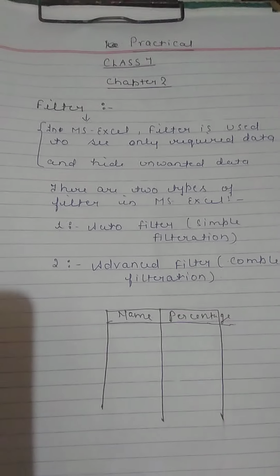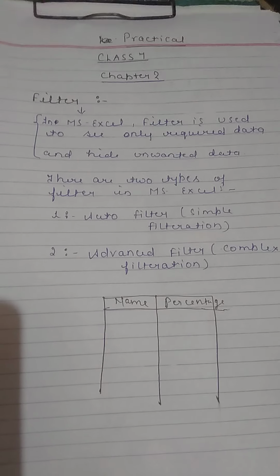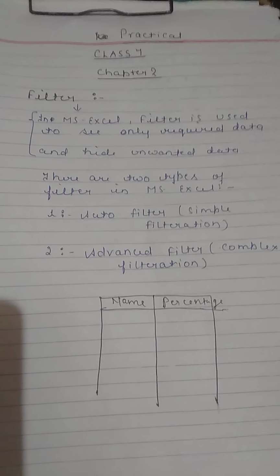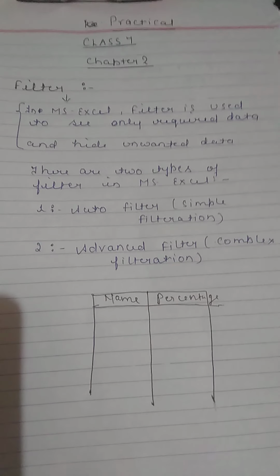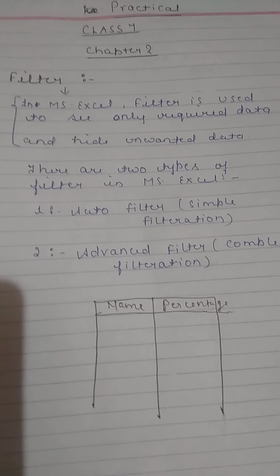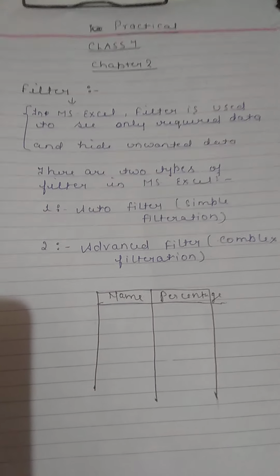In this data, I want to see the records of only those students who has got more than 80%. So like this, if we want to see only the required data and hide unwanted data, we can use the filter option in MS Excel.